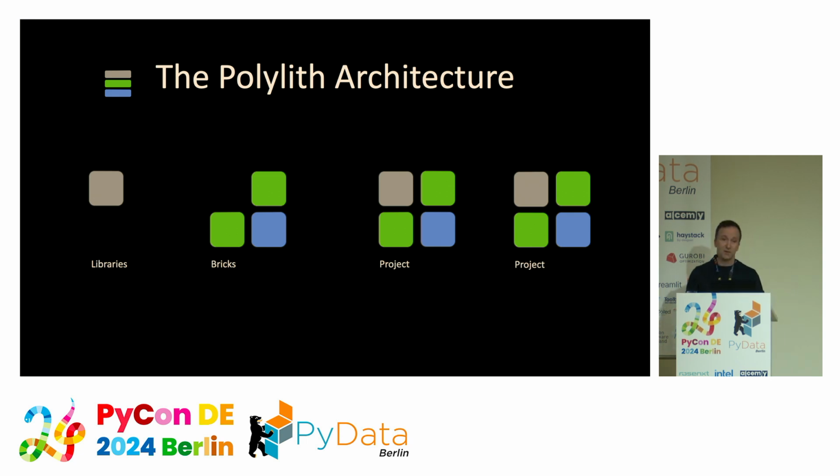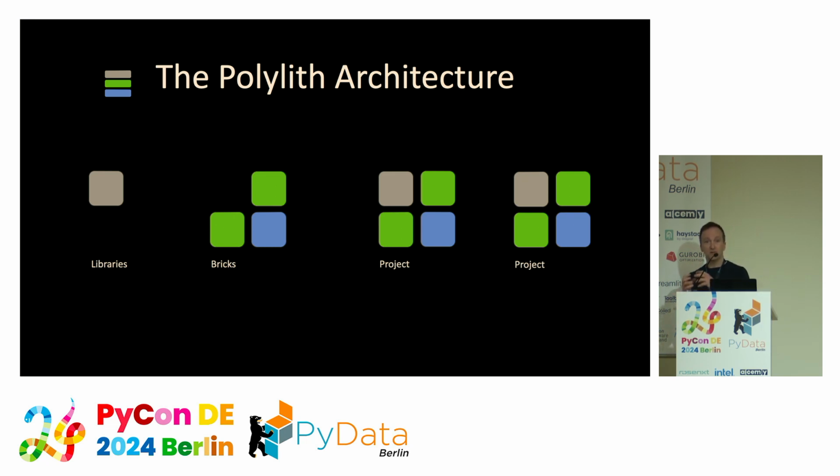Then we also have something called libraries, and that's basically the third-party things that you install, the ones that you find on PyPI, like FastAPI, requests, and all of those good things that we use in our projects. The combination of a selection of bricks and a selection of libraries becomes a project.